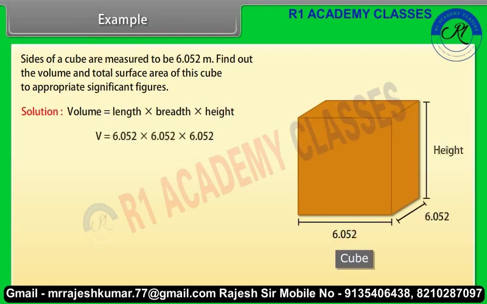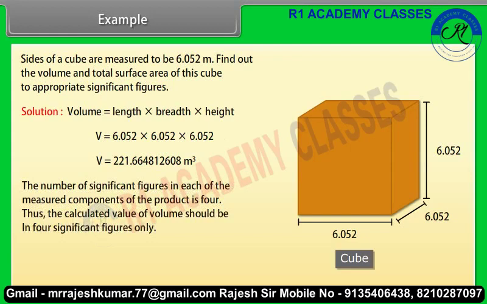After calculation, we get V = 221.665 meter cube. The number of significant figures in each of the measured components of the product is 4. Thus, the calculated value of volume should be in 4 significant figures only. Thus, V = 221.7 meter cube.